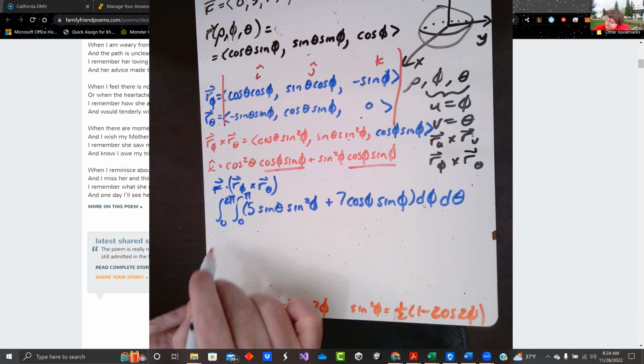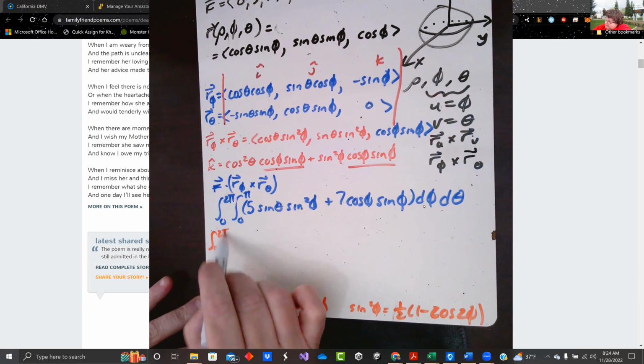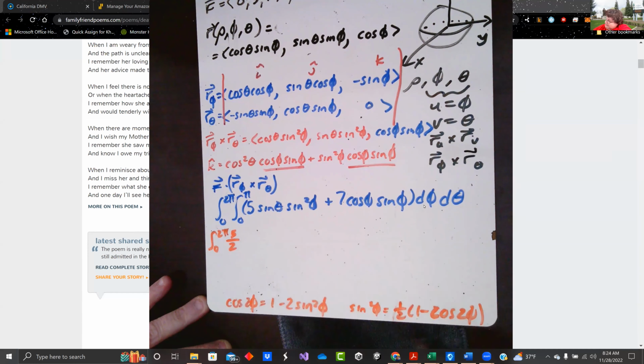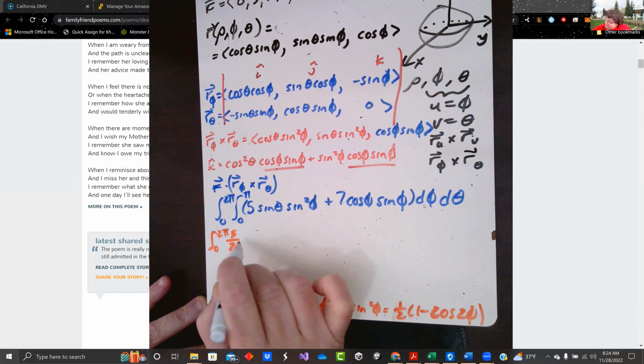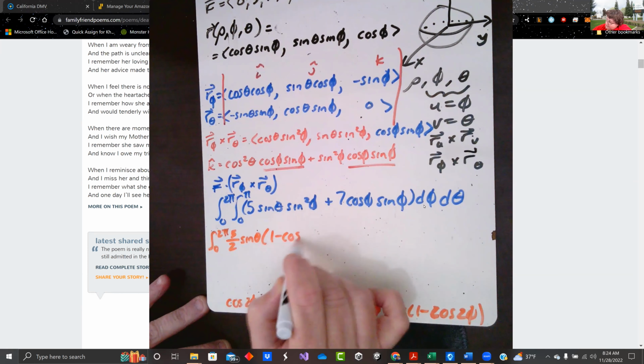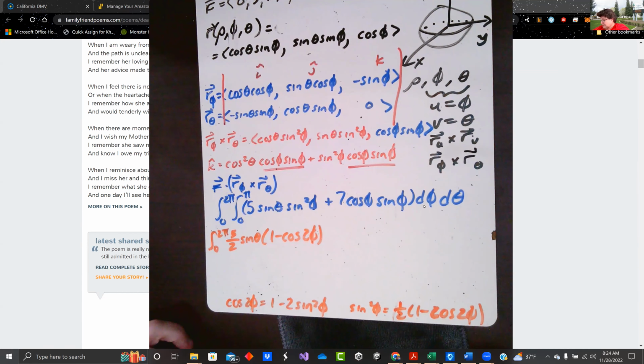So the integral on the left is 0 to 2 pi, 5 halves sine of theta, 1 minus cosine 2 phi. And that's d phi d theta still.